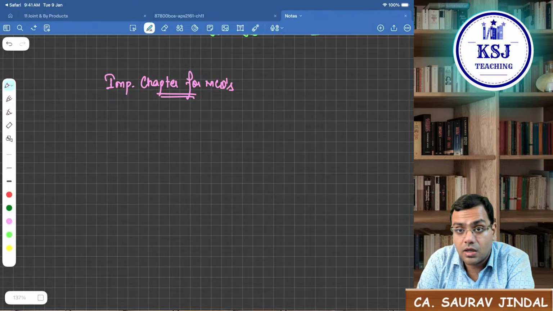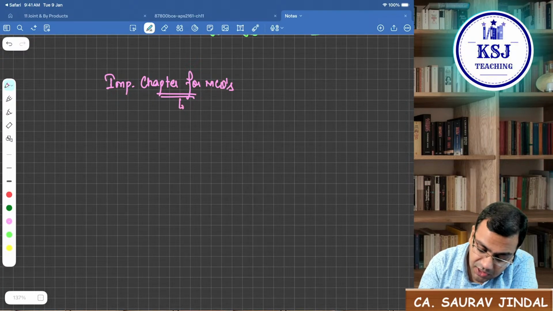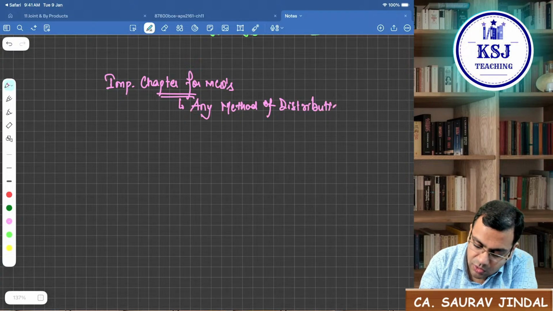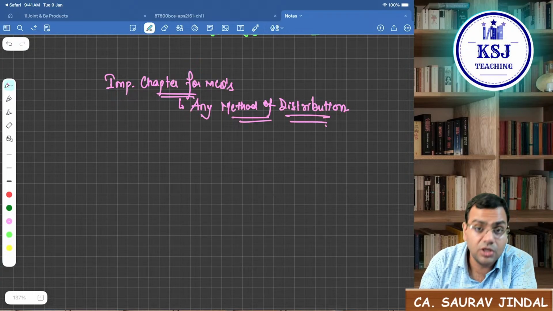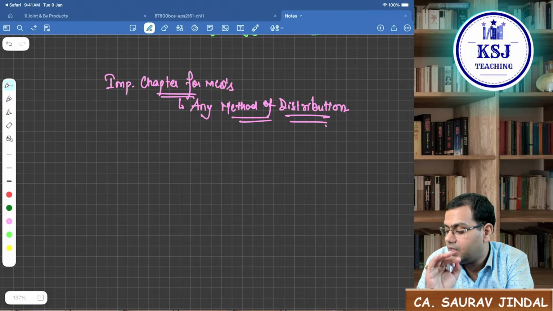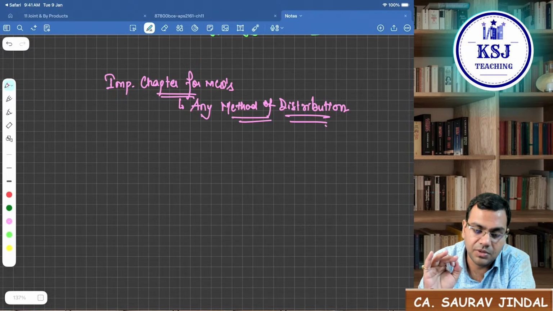In terms of what? They can ask an MCQ on any method of distribution. So you should know all the methods of distribution. On any method they can ask you an MCQ. So this is definitely an important chapter for that purpose.